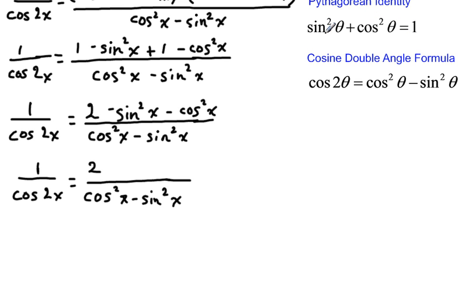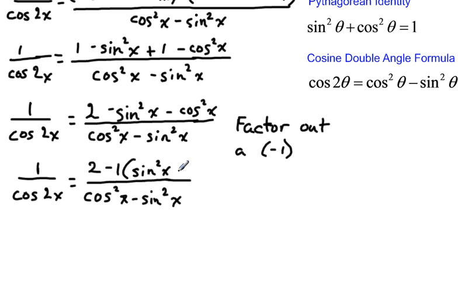In order to make these two into a positive, what I have to do is factor out a -1 from both terms. If I take -1 out of negative sine squared, it becomes positive sine squared. If I take -1 out of negative cosine squared, it also becomes positive, and we have cosine squared x.